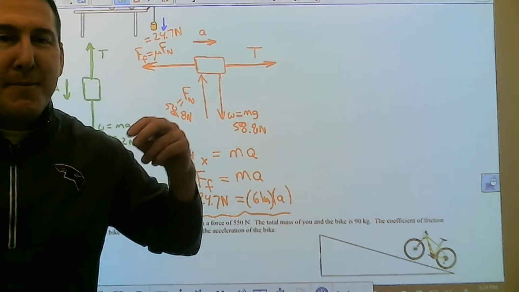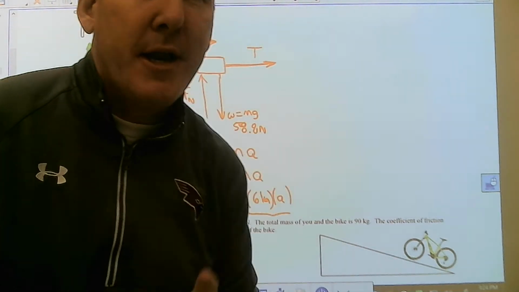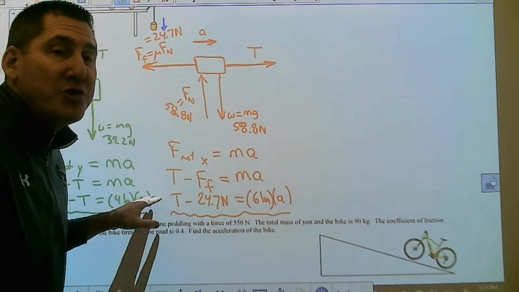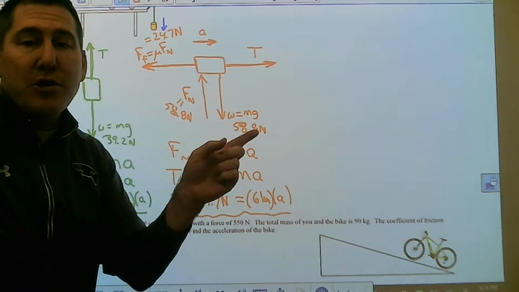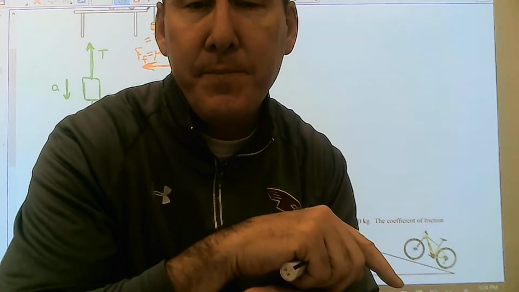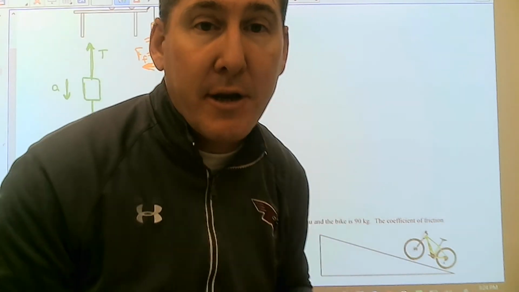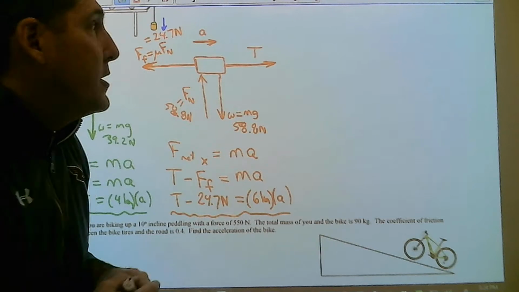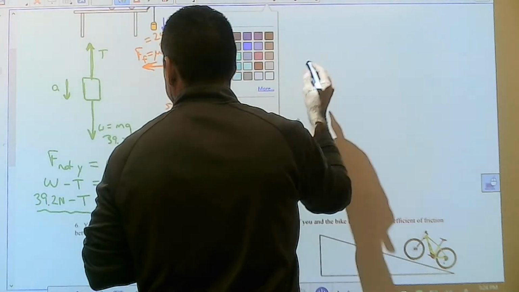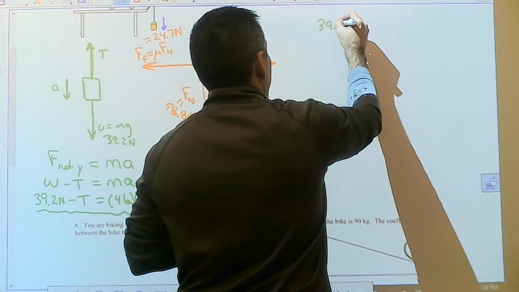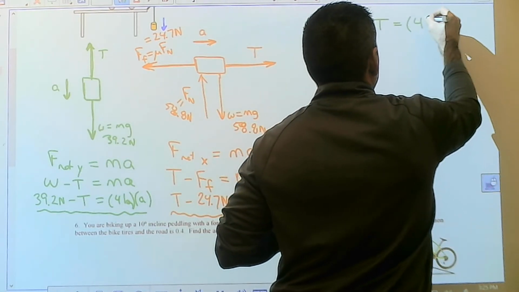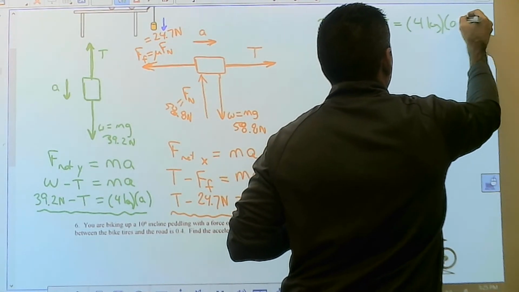And at first glance, I might say, beans, I've got two unknowns again. But now I realize, hey, no worries, I now have two equations. And I can use that substitution method again, or I can line them both up like I did in the last problem. So once we get this far, it's just like the last problem. I'm going to line the two up again. 39.2 newtons minus T equals 4 kilograms times a.